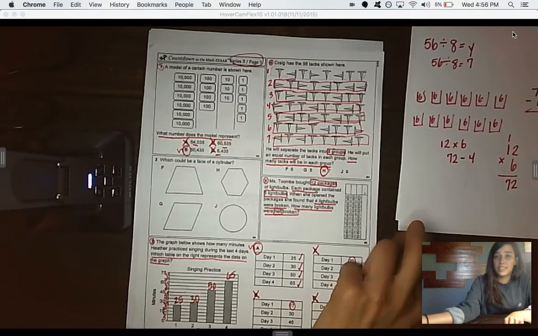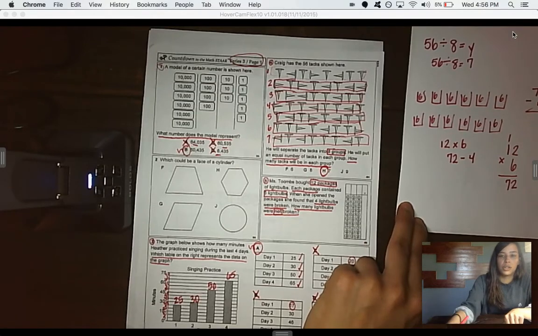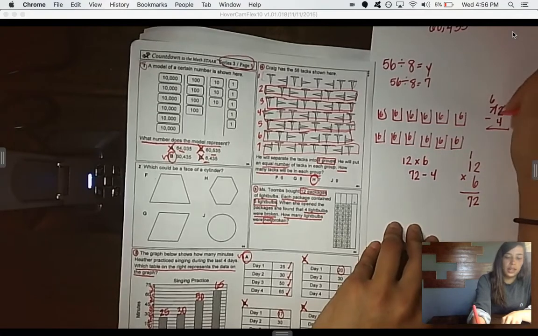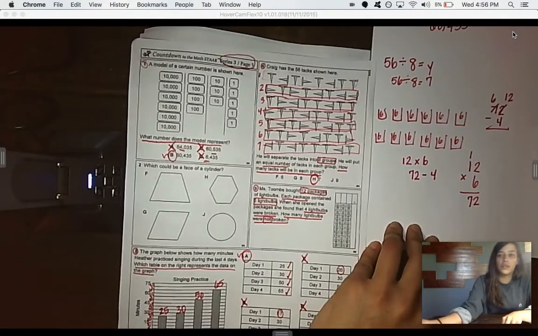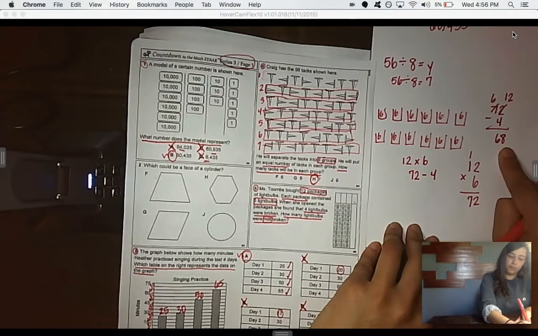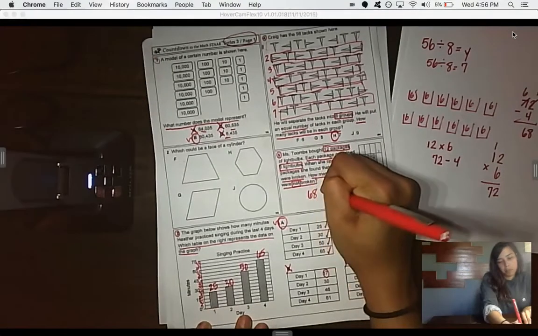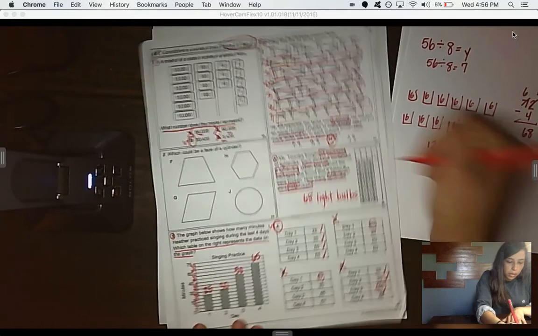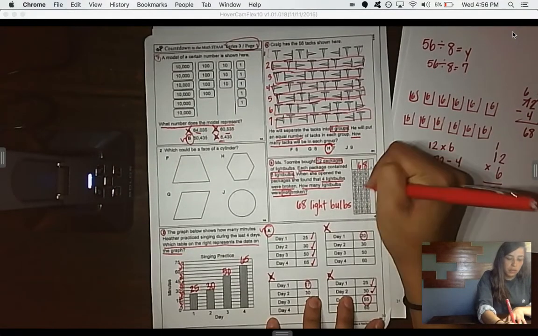You can't take 4 from 2, so I need to borrow from the 7. 6 10s and 12 ones. So 12 take away 4 is 8, and 6 take away 0 is 6. So 68 light bulbs were not broken. So I'll put 68 and then bubble in the circles that match my answer.